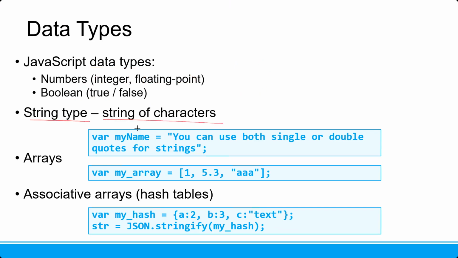So for example, I have this variable. In JavaScript, whenever you create a variable, you need to define it with var. Var means variable. And then you can specify the variable name. Let's say my name. This is the definition by JavaScript. You need to use var to represent the variable, and this can be any name.